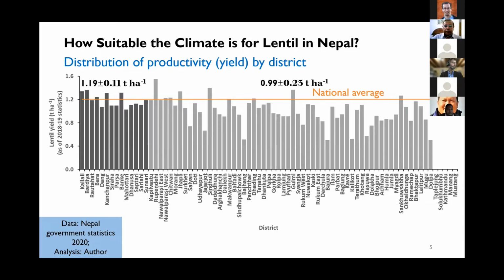For the rest of the districts, average yield has been below 1 ton per hectare. Also note that the yield variability in the 14 districts is much lower than in the rest of the districts. So it is likely that climate and edaphic factors are contributing to lentil productivity in those 14 districts.